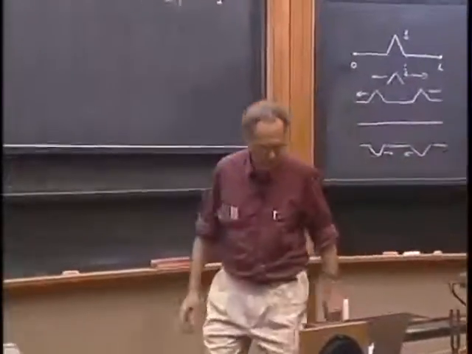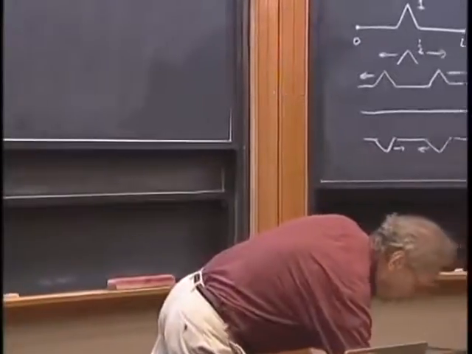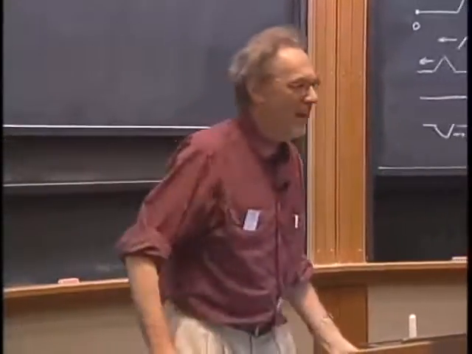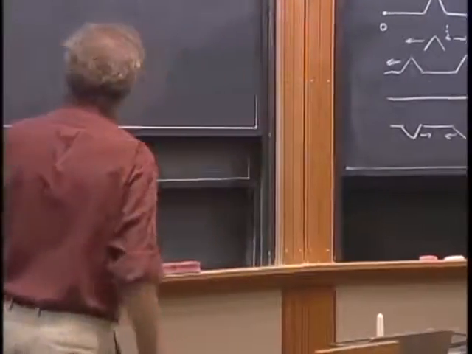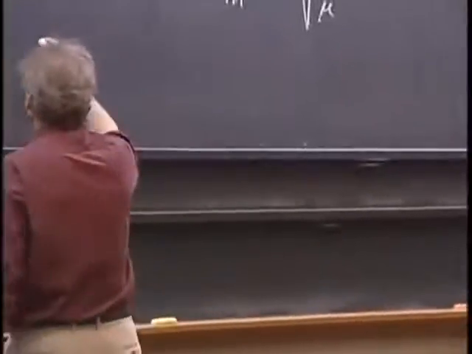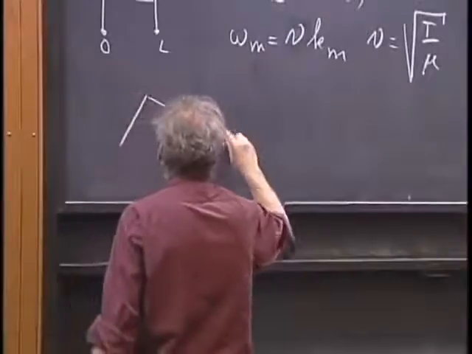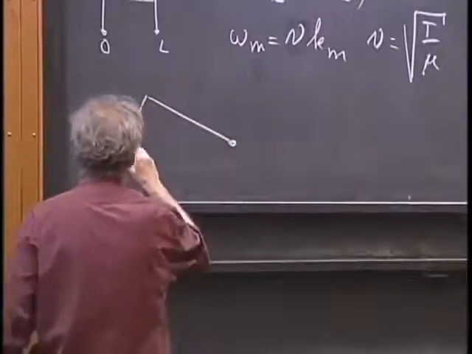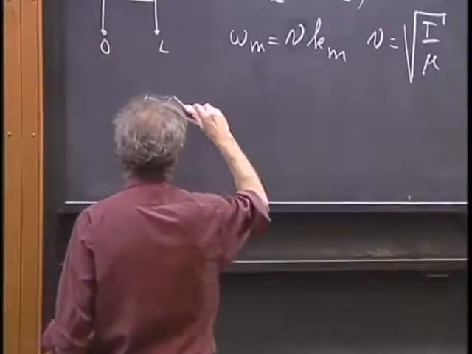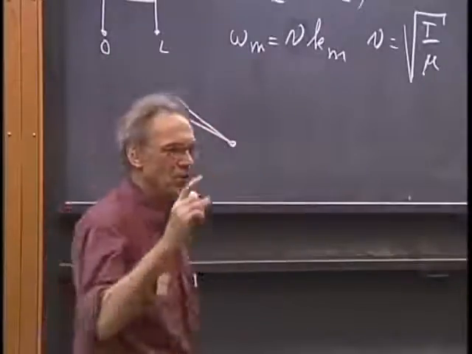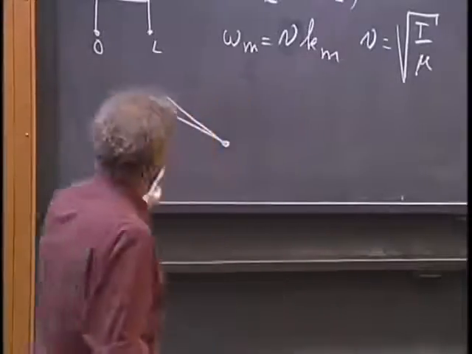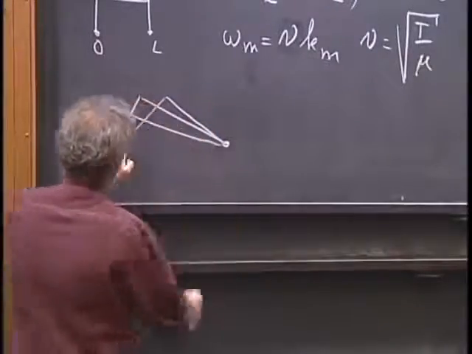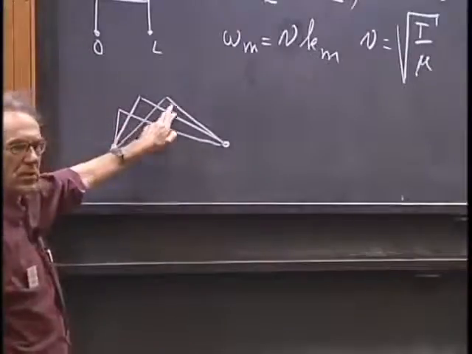You will now understand when I said if we pluck the string of a harp or the string of a violin and you pluck it this way, fixed here and fixed here, the tone that you hear is different than when you pluck it this way. You now understand that, because the Fourier components of this one and this one are very different than the Fourier components from this one.